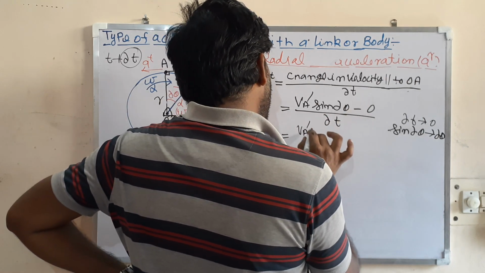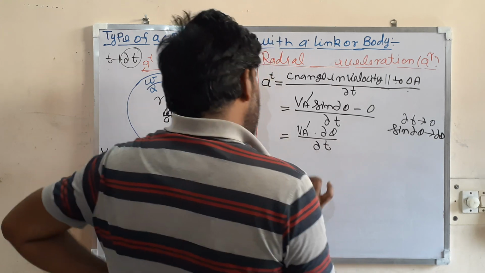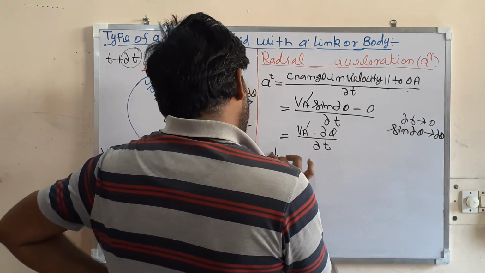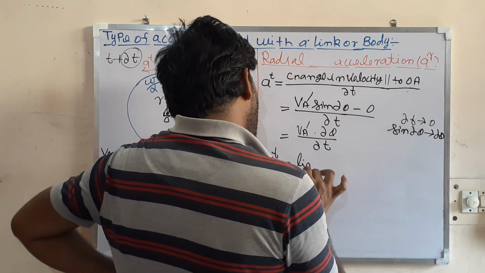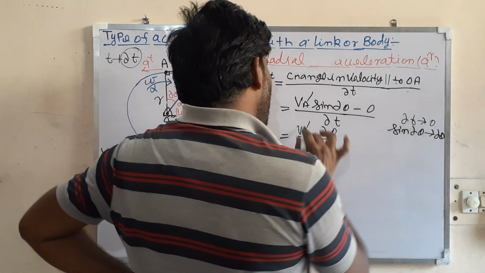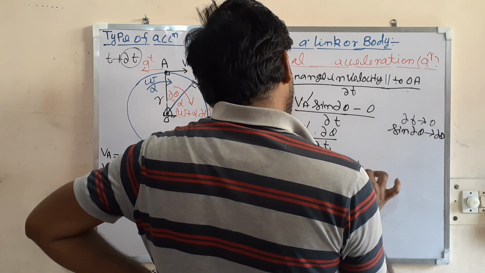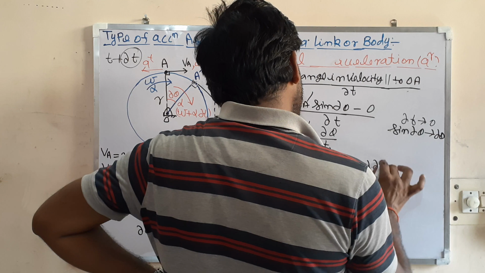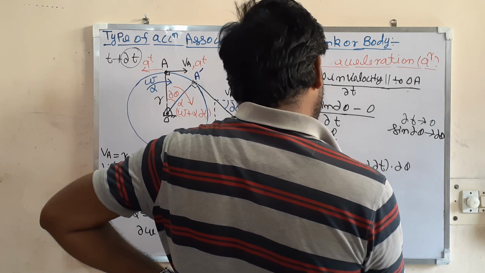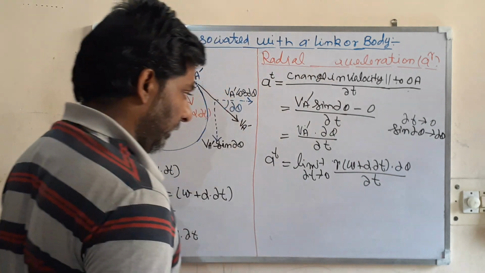So we have VA dash into del theta divided by del t, taking the limit as del t tends to 0, where VA dash is equal to (R omega plus alpha into del t) divided by del t.